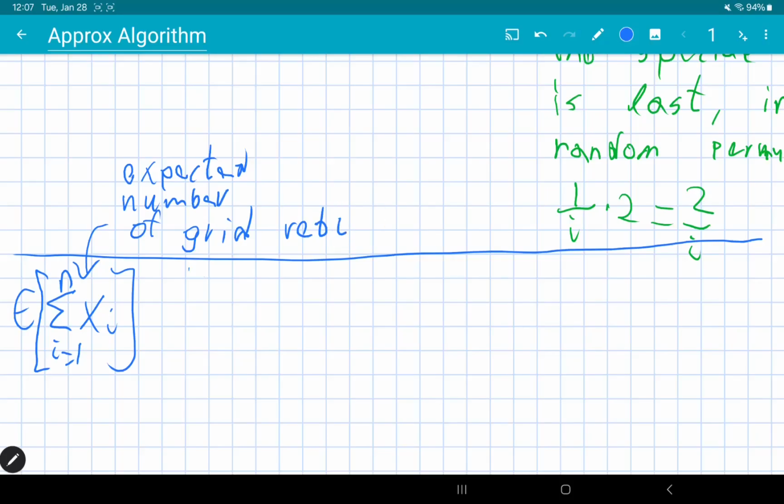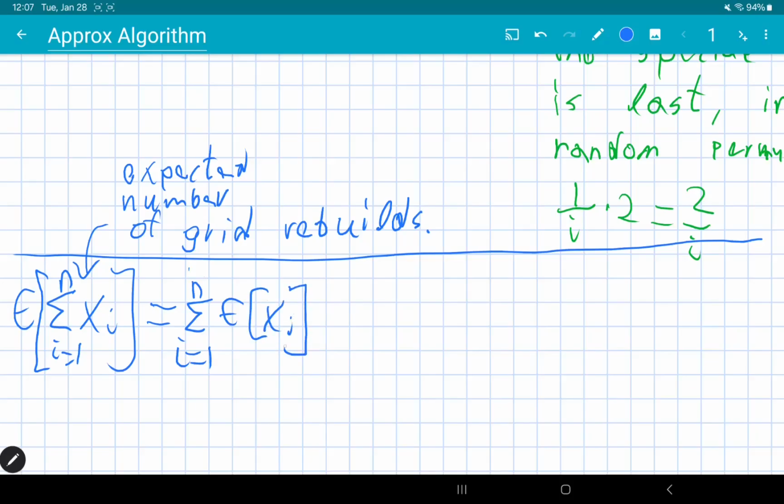Every time you rebuild the grid, you make it grid again, I guess. And now we're going to use linearity of expectation. Linearity of expectation just means the expectation of a sum of variables is the sum of the expectations. If you want, expectation is a linear operator, right?